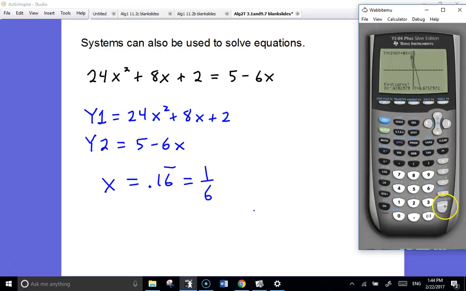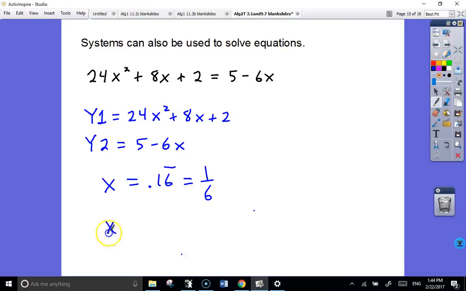There it is. It's almost there. Second curve. Good. So negative 0.75, which is negative 3/4. So there's your two answers. When you solve a quadratic equation, how many answers do you expect? 2. There we go.